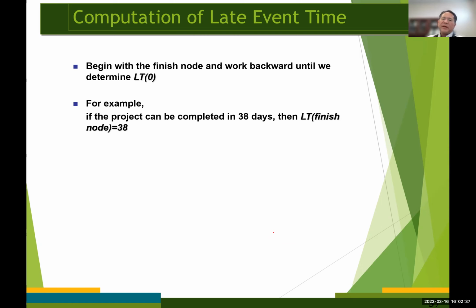So for example, if we determine the project can be completed in 38 days, then the latest time for the finish node automatically becomes 38, okay? And then we do the backward computation until we reach the start node, which is node number 0.